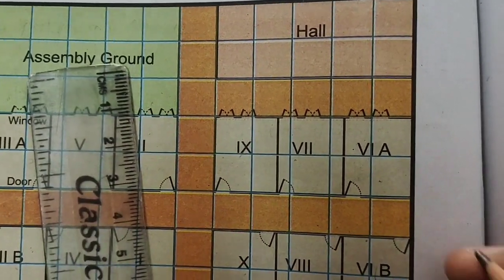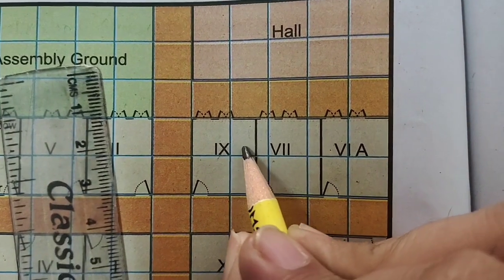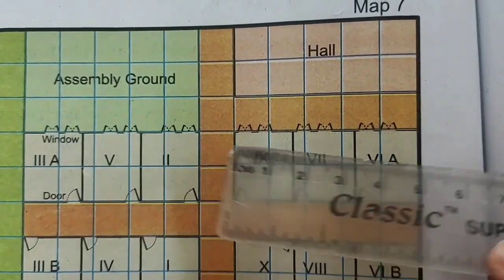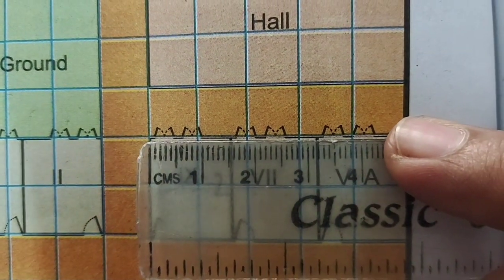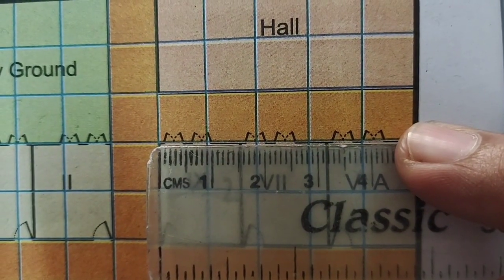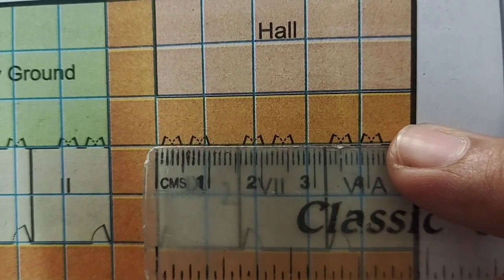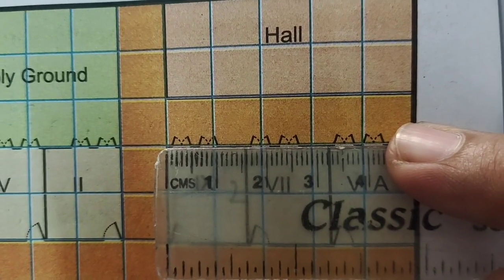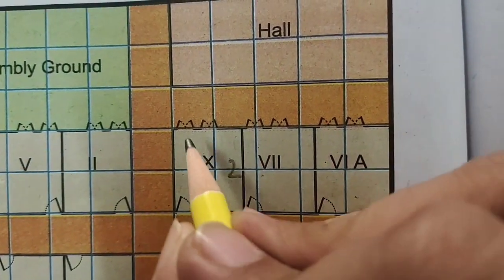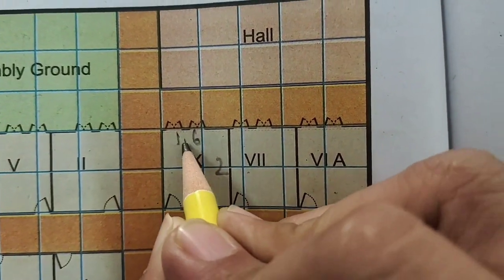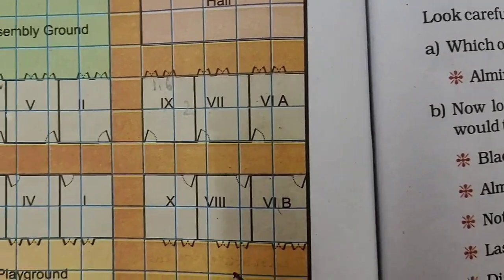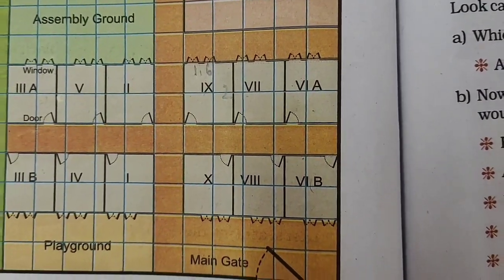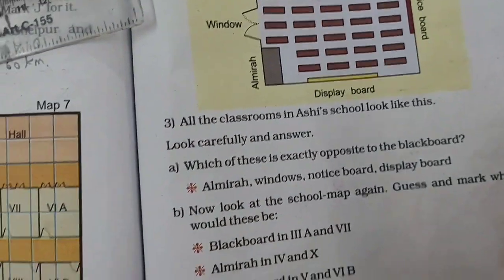And the width is 1.6 centimeter. Now we are supposed to find out the measurements on the ground. This is on the map, and we will find out on the ground. So we will write it down in the notebook. I will solve the sum.